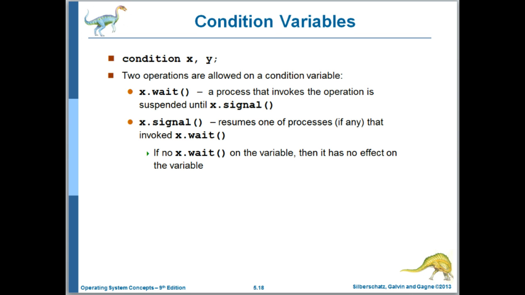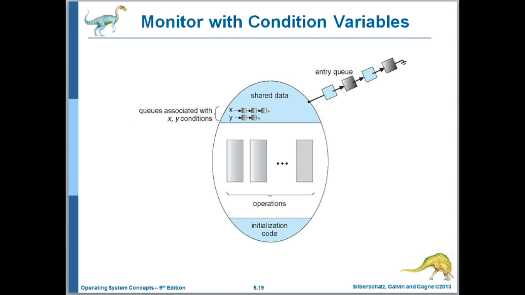So the process waiting on a condition variable is suspended within the monitor. And then if the Boolean condition changes, signal is invoked by the process that has caused the Boolean condition to change, which will wake up a process waiting on the signal, or perhaps all the processes waiting on the signal. So this is a schematic view of a monitor with condition variables.